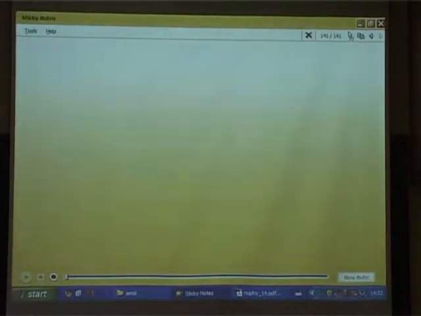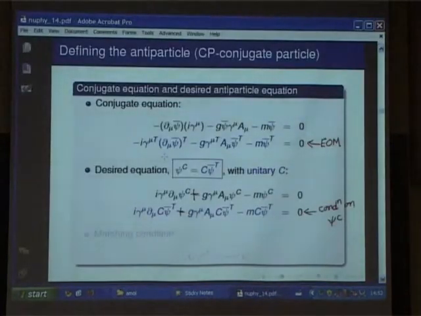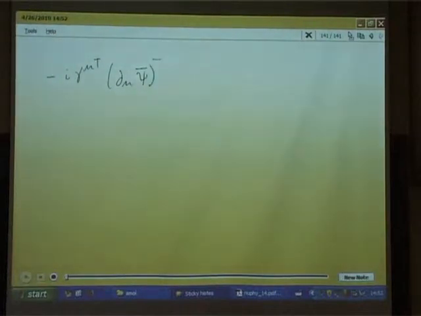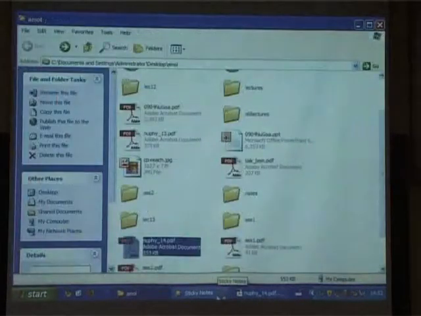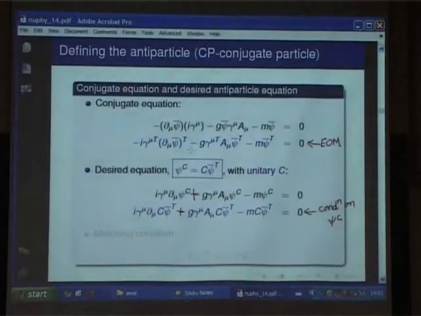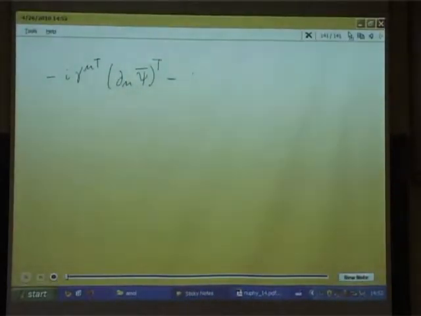So minus i gamma mu transpose del mu psi bar transpose minus G gamma mu transpose A mu psi bar transpose minus m psi bar transpose.